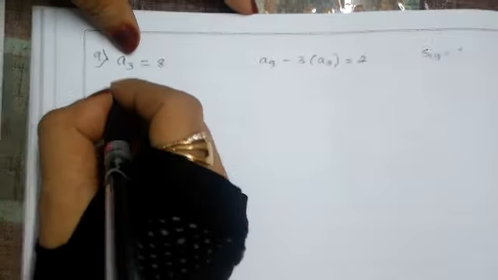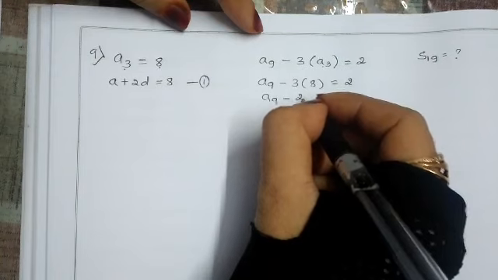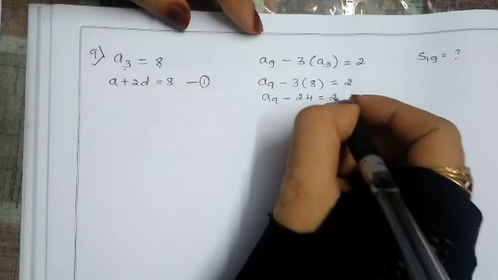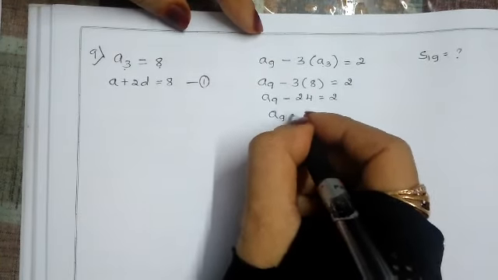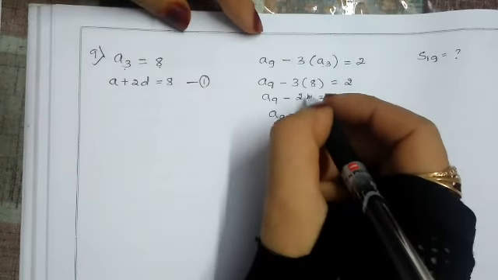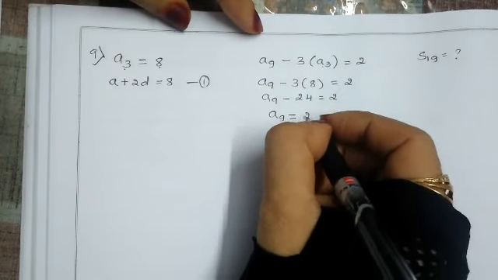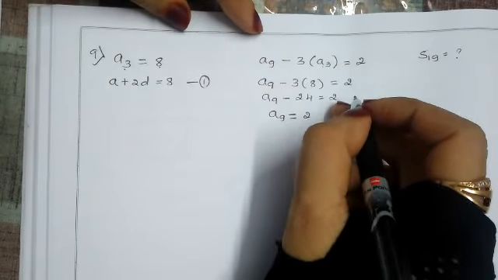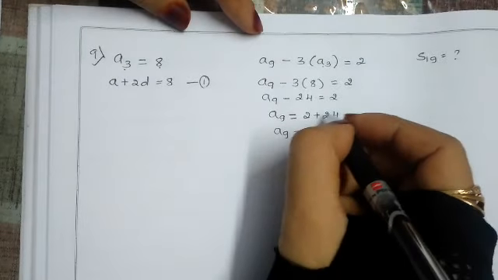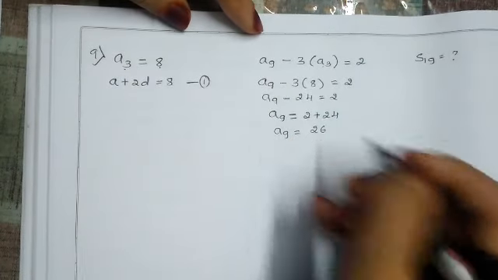A9 minus 8 3s are 24 equals 2. A9 is equal to 2 minus 24. If I bring this side it becomes plus 24. A9 is equal to 24 plus 2, that is 26.